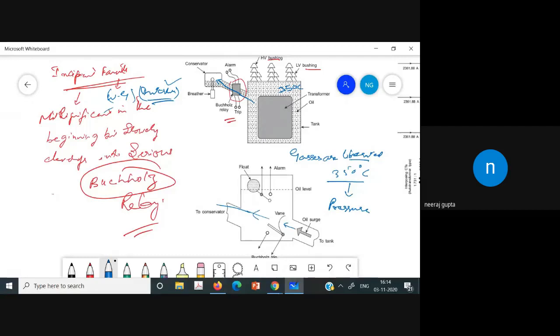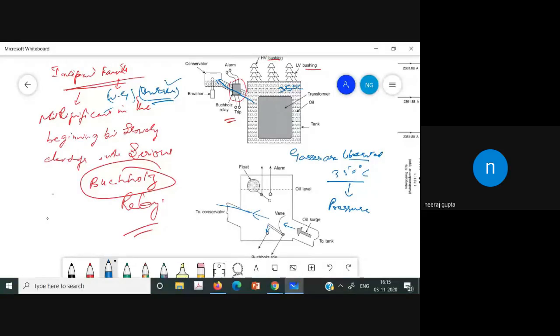There is a set of contacts which are operated by this vane. If the oil pressure is very high, then this vane will move and it will short here.